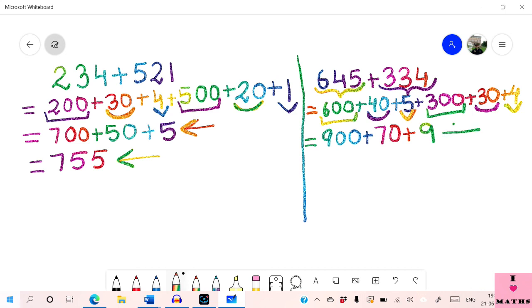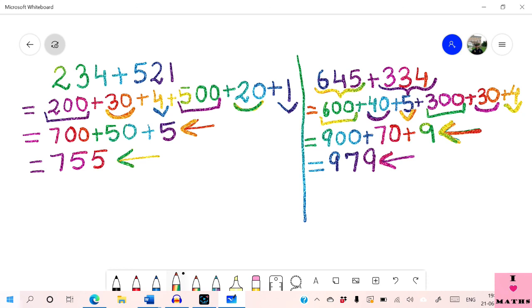So we have got the expanded form of our answer. Our answer is 979. So this is the short form and this is the expanded form.